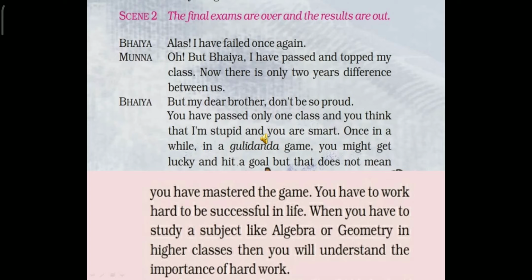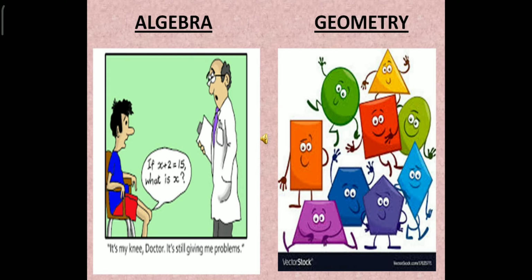Now I think you have not heard of these words algebra and geometry before. Some of you may have heard, but not all. Let us see what these two new words are. Students, you see the pictures of both algebra and geometry have been provided.